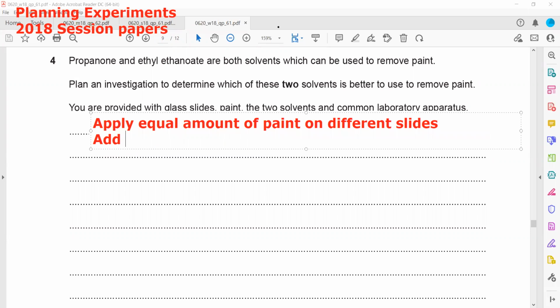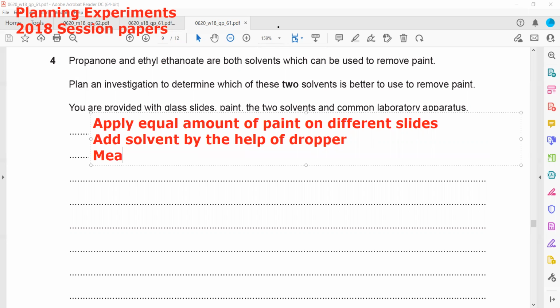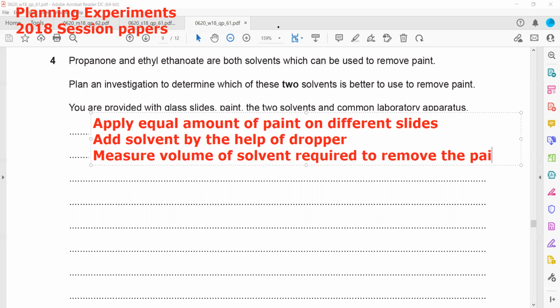Then we will add solvent by the help of a dropper, and we'll measure the volume of solvent needed to remove the paint completely.